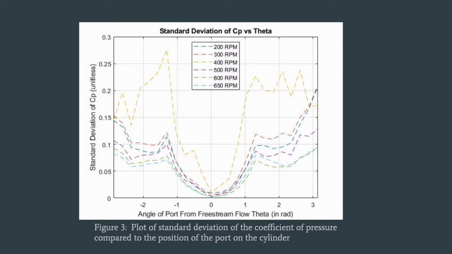The 400 RPM is noticeably larger. We don't have a solid answer for why that is. There may have been some disruption to the equipment in that test. It's also possible that it's in a transition period from lower to higher Reynolds numbers, so there's further deviation as some tests are more laminar and some tests are more turbulent.